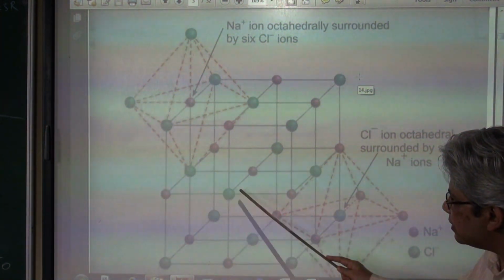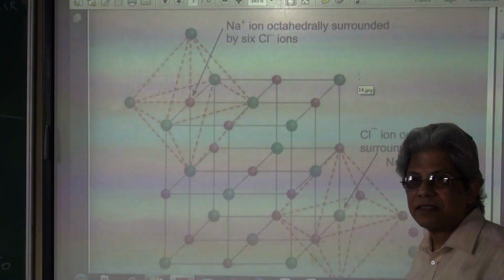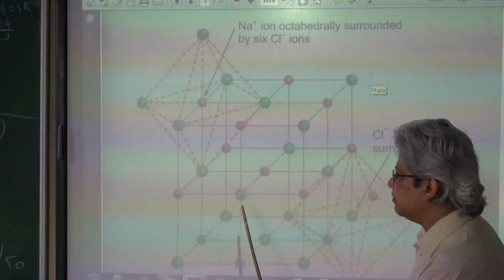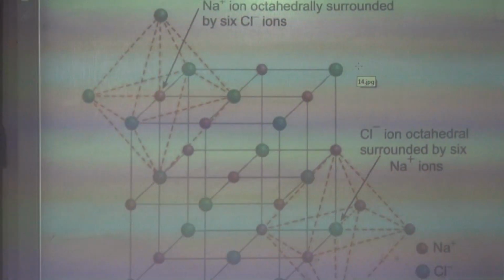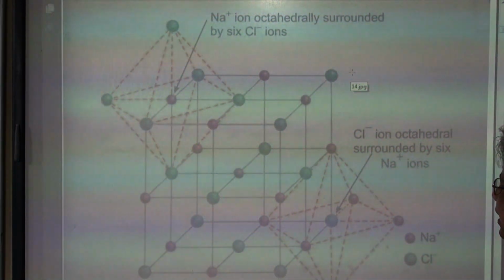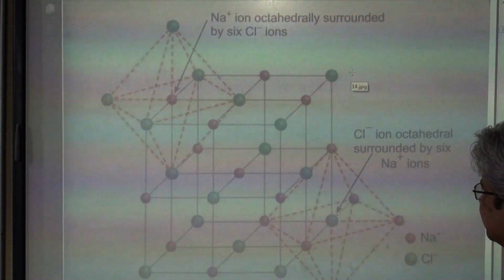That's why this smallest one we don't take as the unit cell, because it is not uniform here; alternate corners only are occupied by one type of particle. So it is a face-centered cubic unit cell.